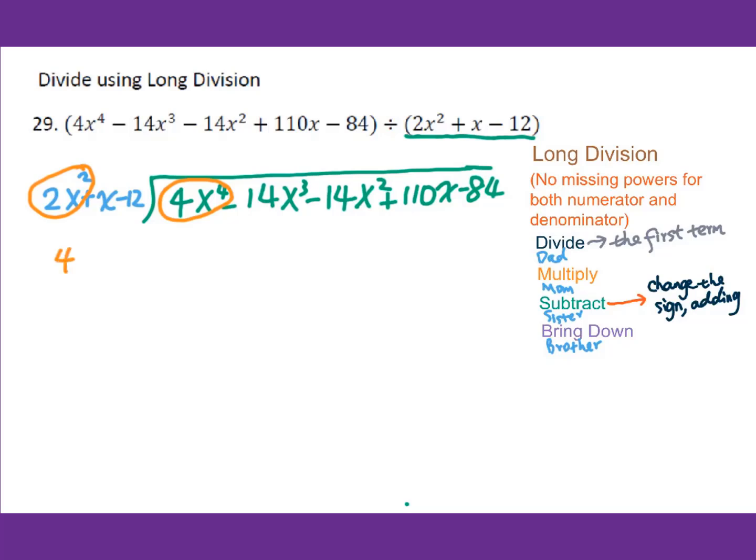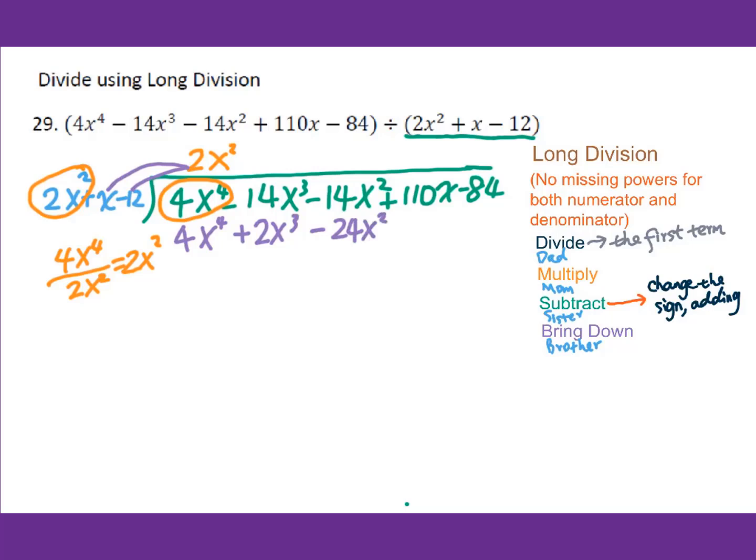So we got 4x to the fourth divided by 2x squared. That is 2x squared. Then you go to do multiply. The first term will be itself. x times 2x squared, that is 2x third power. Negative 12 times 2x squared, that is negative 24x squared.